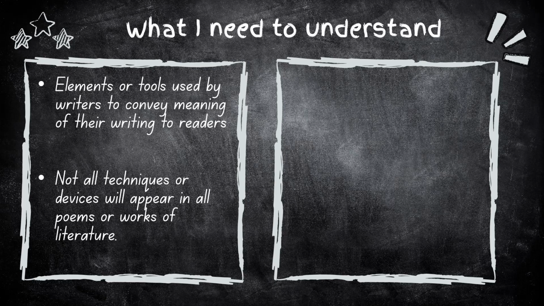Then the second thing is you need to understand that not all the techniques or the devices will appear in all poems or even works of literature. You may have sonnets, for instance, that use iambic pentameter, which contributes to the rhythm, the pattern of the poem. But you may have free verse poems that use no rhyme scheme, no rhythm, no particular pattern.